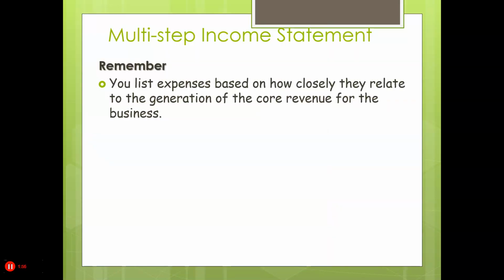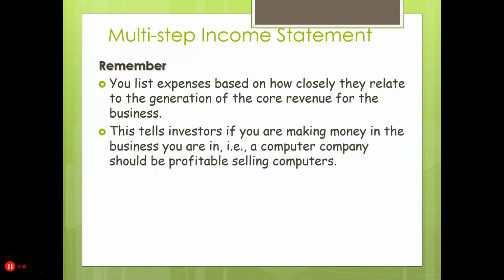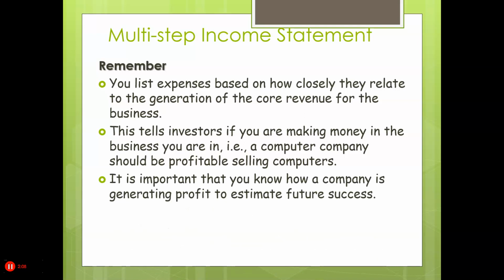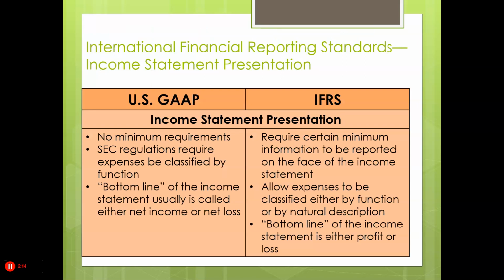Now, multi-step income statement. You list expenses based on how closely they relate to the generation of the core revenue. This tells investors if you're making money in the business that you're in. And it's important that you know how a company is generating profit to estimate future success. Now, under GAAP, there's no minimum requirements.